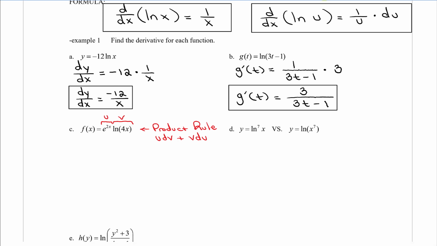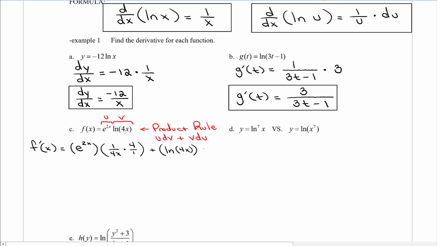f prime of x is going to be equal to e raised to the 2x power times dv, which in this case will be 1 over 4x times 4 over 1, plus v is going to be natural log of 4x times du, and du is going to be the derivative of e raised to the 2x, which is e raised to the 2x times 2.